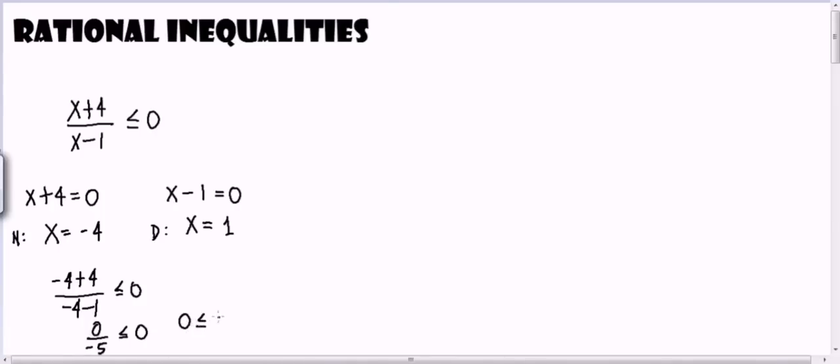So 0 is less than or equal to 0. This statement is true because of the equal sign; 0 is equal to 0. So for the numerator the statement is true, which means this is an included point, and it satisfies the rational inequality.